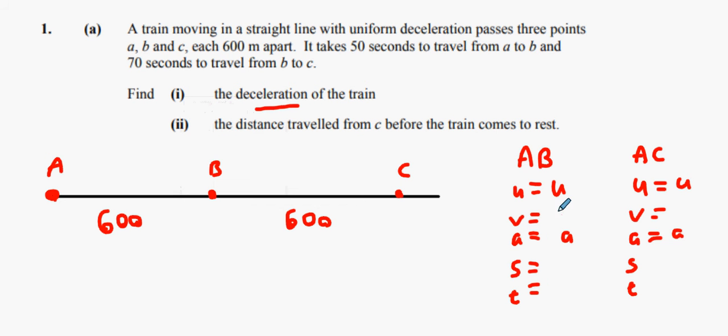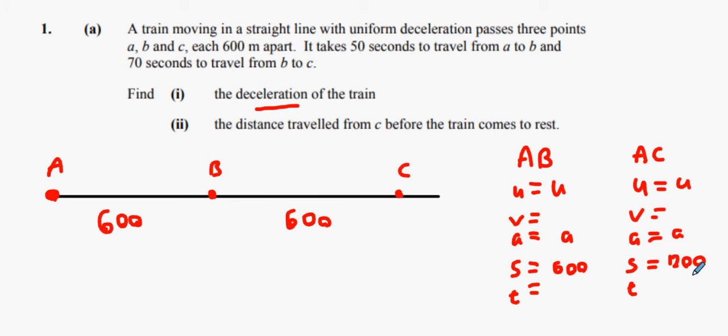Now, S is 600 for AB and 1200 for AC. Are the times the same? Well, they're not. They're two different lengths, aren't they? So they're going to have two separate times. Is that clear, you guys? So, what do we need to do here?